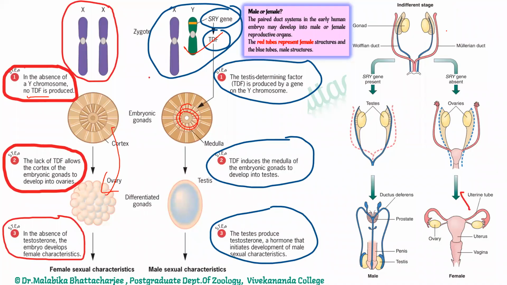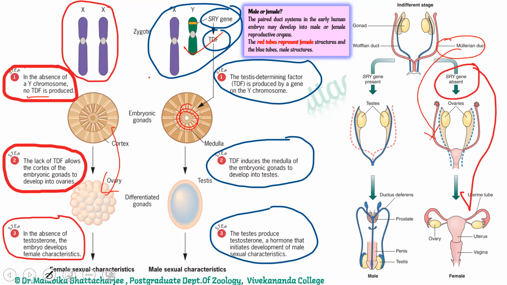When there are these two ducts in the early embryo, one persists and the other degenerates. So as you can see, in case of females, when there is no Y chromosome and no Sry gene, in the absence of the Sry gene, the Mullerian duct is persisting.